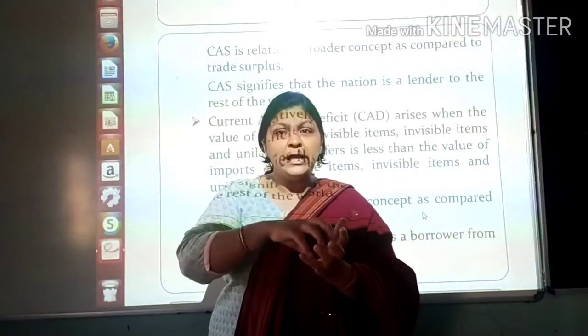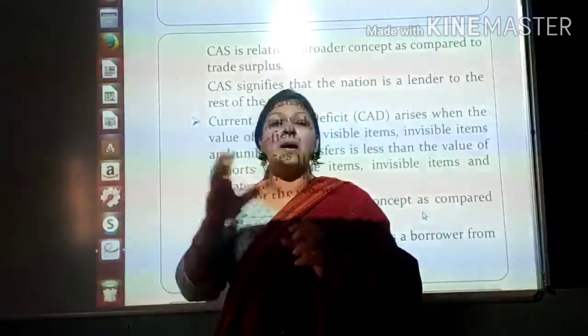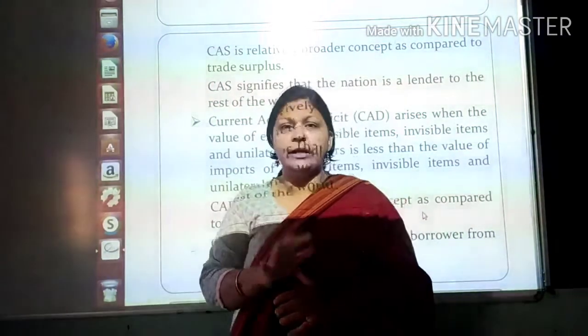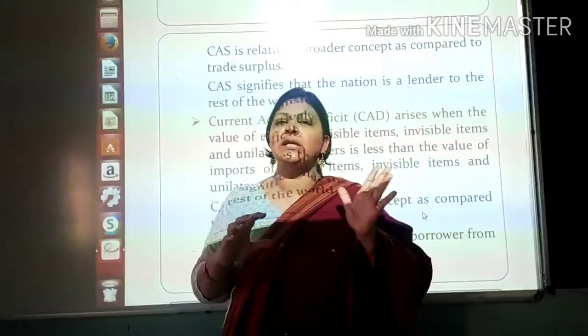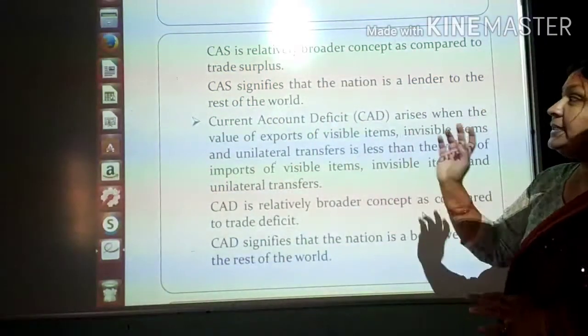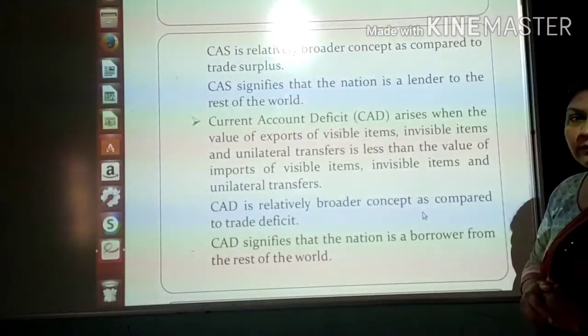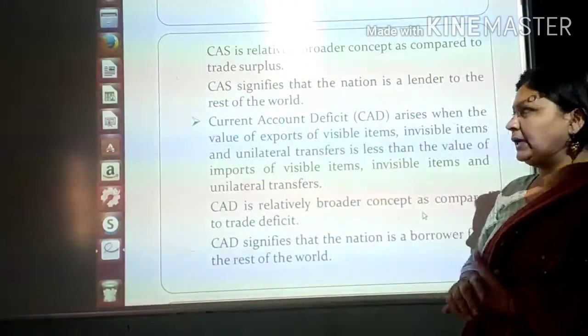So trade surplus is a part of the current account, but current account is not a part of the trade surplus. ट्रेड सरप्लस के अंदर करंट अकाउंट नहीं आता है, बट करंट अकाउंट के अंदर ट्रेड सरप्लस आ जाता है. So CAS signifies that the nation is a lender to the rest of the world. Rest of the world मतलब whatever domestic country को छोड़ के बाकी सब.